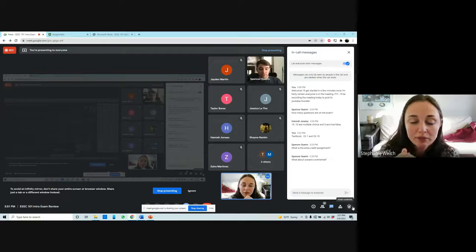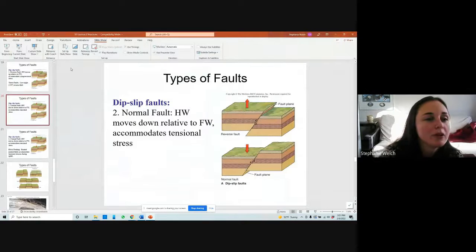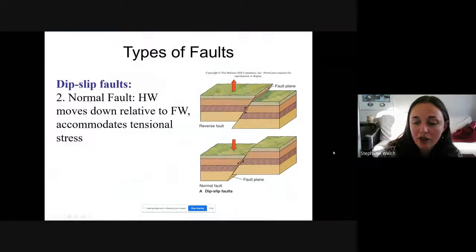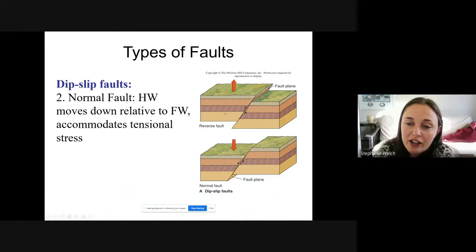Okay. So I wanted to show you guys, I should be sharing again, the three types of plate boundaries. So this has reverse and normal. This block over here on the left is the hanging wall, and you're not going to have images on the exam, so that actually makes it quite a bit easier.